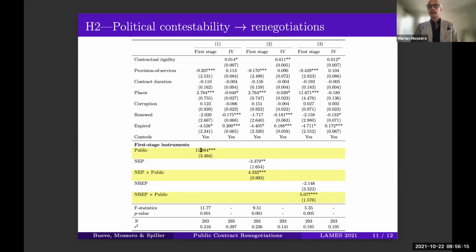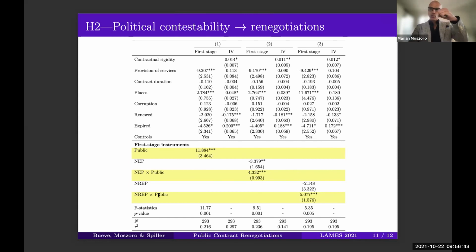So first, we show that public contracts are more rigid, and that it is that rigidity that drives renegotiation rates. Also, when there are more equal parties, so when the political spectrum is more contested, renegotiation rates rise. And also with the number of residual equal parties.